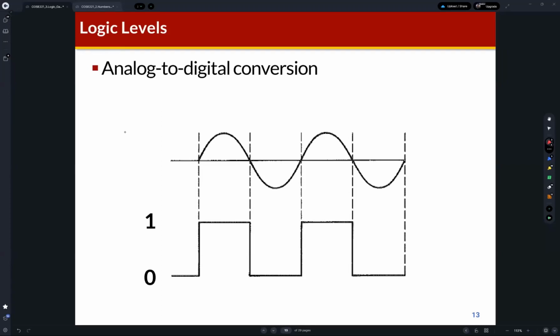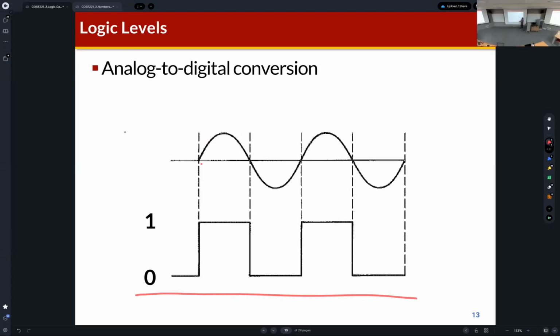So the levels of analog signals are continuous. But this is an example of a digital signal, where we can find discrete levels.